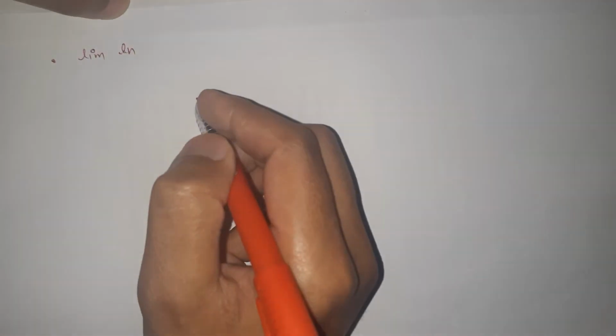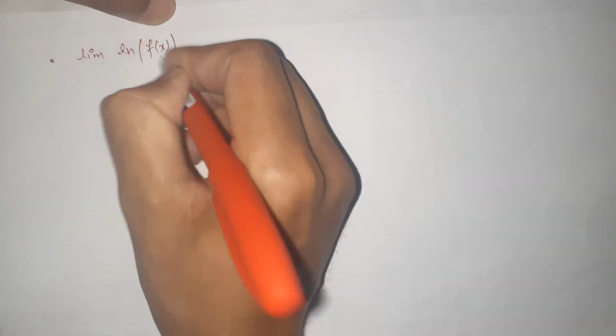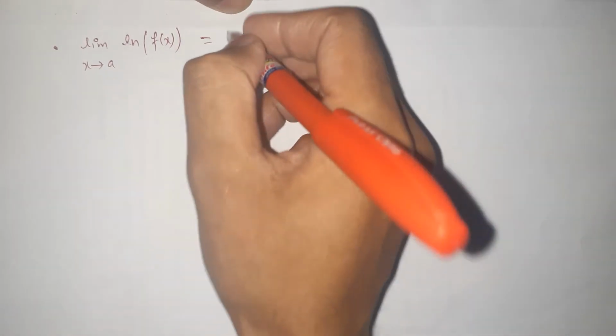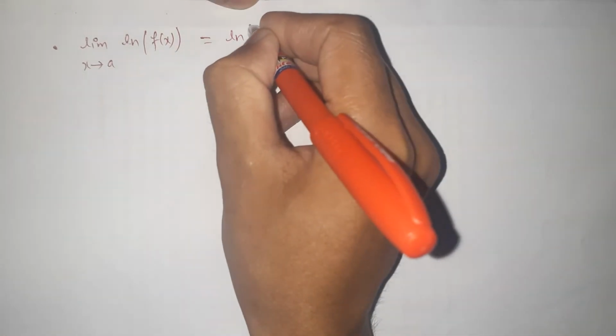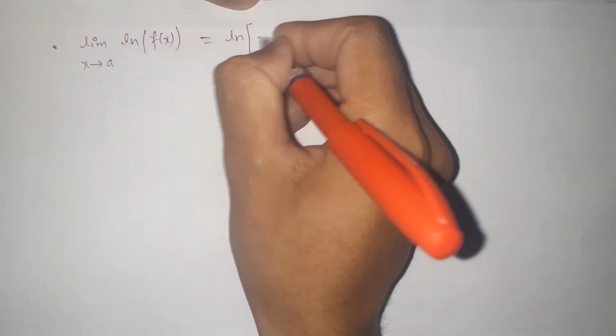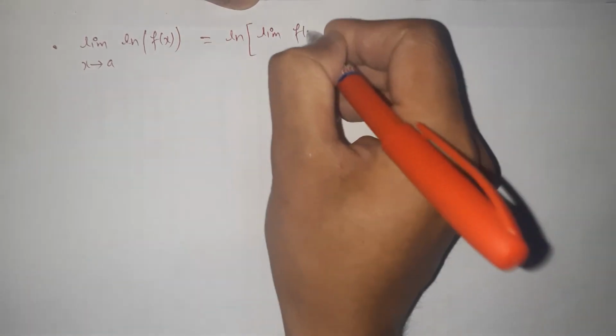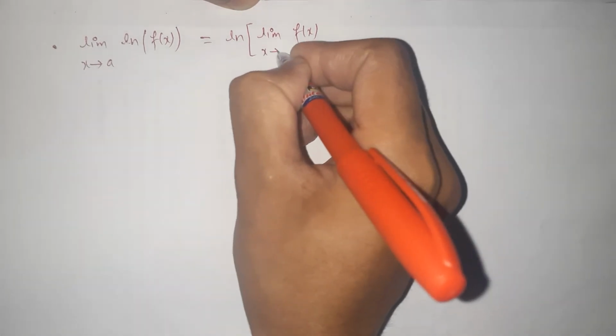Here is the first property. The limit of a logarithm function, the limit of ln of f of x when x approaches a constant number a, can be written as ln of the limit of that function at the same point.